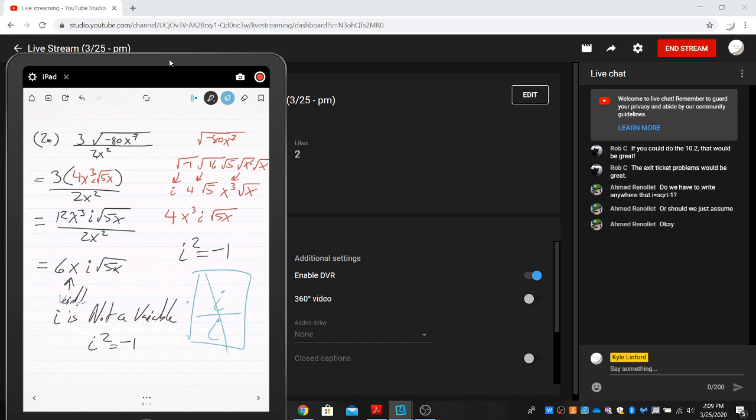I thought that was a really great question to think about, because the idea gets back to i being a new, unique concept for us. It's this complex unit where we can say it evaluates to the square root of negative 1.